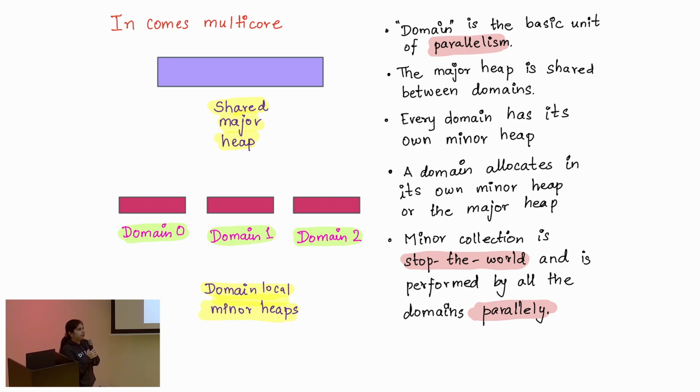But after a lot of experiments, benchmarks, and also considering the fact that Stop the World minor collection allows us to retain the C FFI, it was decided that Stop the World minor collection is going to be the default. Just remember that it stops the entire program, collects, and then resumes.